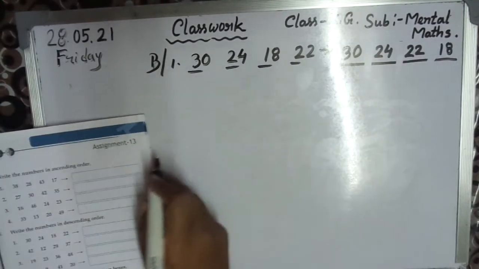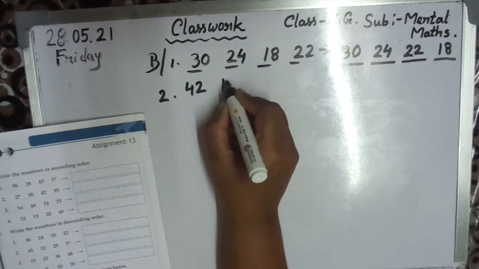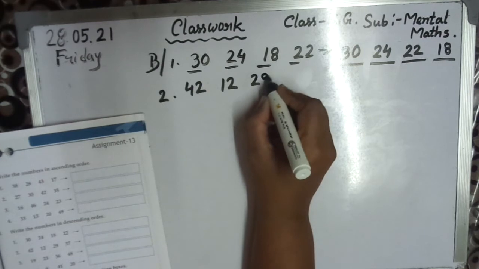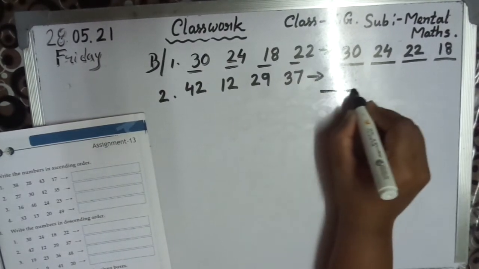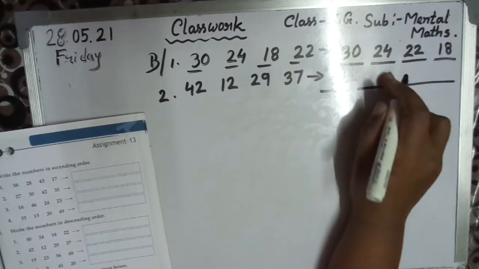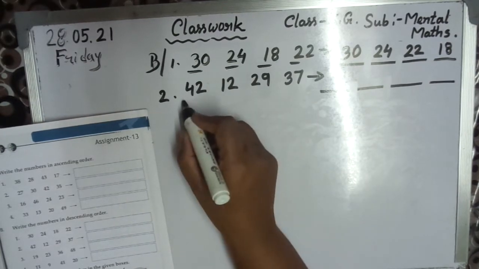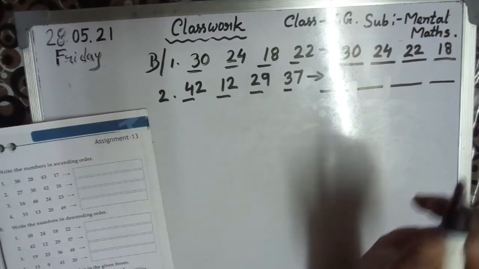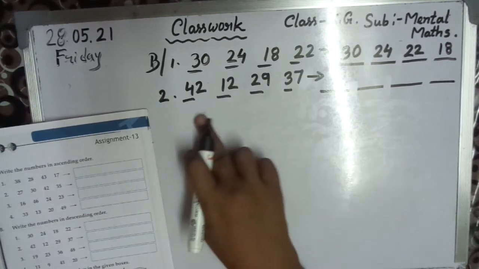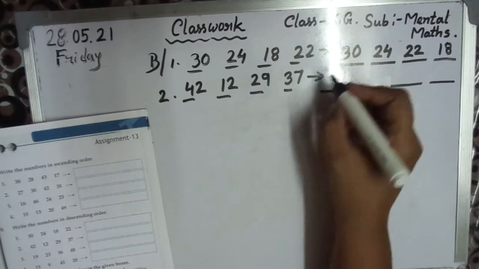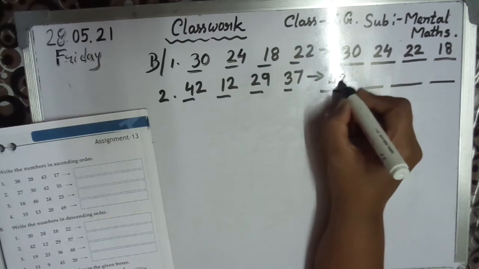Okay. Number 2, 42, 12, 29, 37. Again, see first big number. Okay, so I can point first number 42, big number 42.